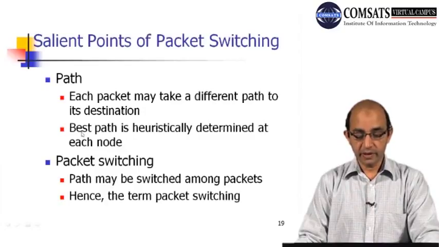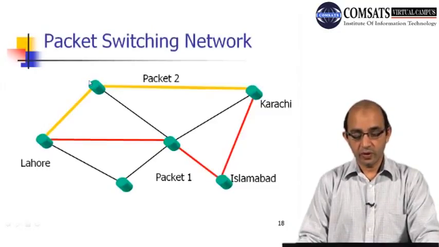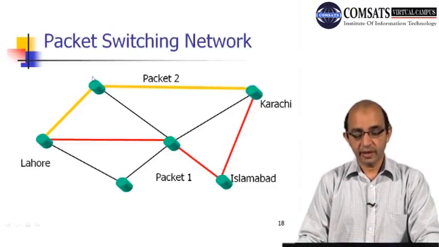The best path is heuristically determined at each node. So the decision is made at each node as to which path has to be followed for its next transmission. From here to here, at this node it has to be decided whether the packet will follow this path or maybe go this way.